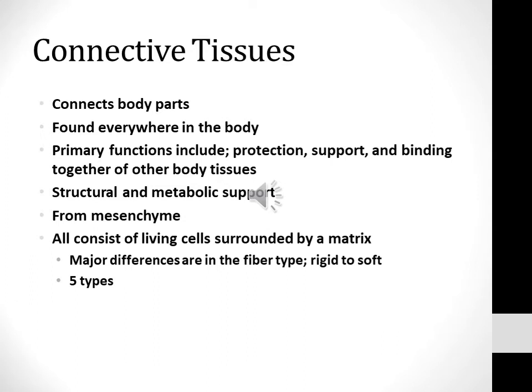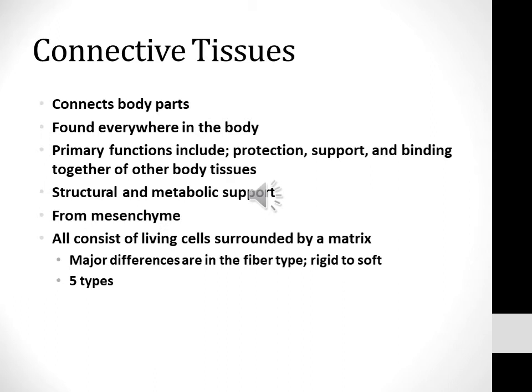So we transition away from our epithelial and into our connective tissues. Connective tissues are really about doing exactly what they're called, connecting body parts. And we find connective tissues everywhere. It's our most abundant tissue in the body. Their functions are protection, support, and binding together of other body tissues. They have a structural and metabolic support piece to them.